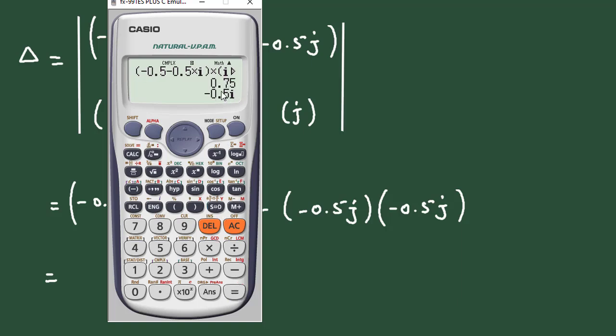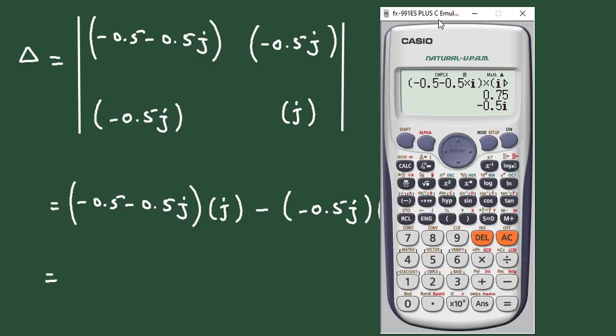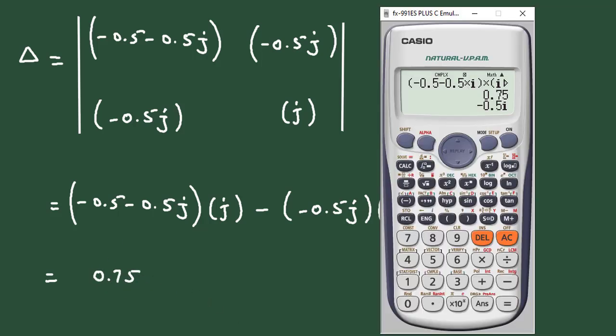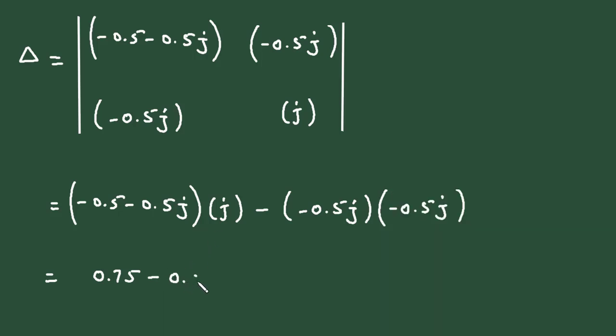It is equal to 0.75 minus 0.5j. So this is the value of delta.